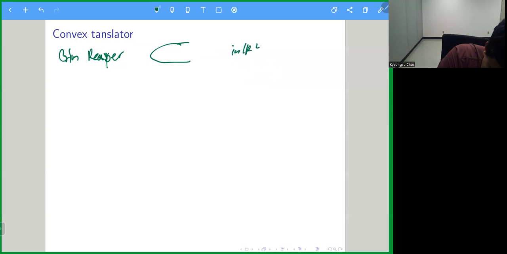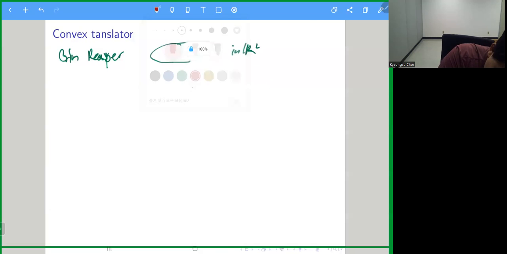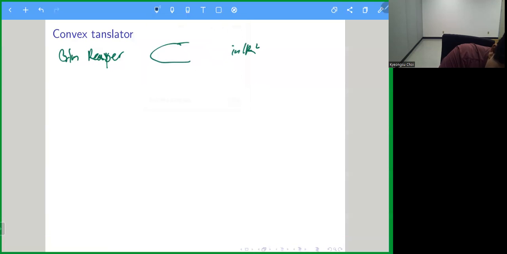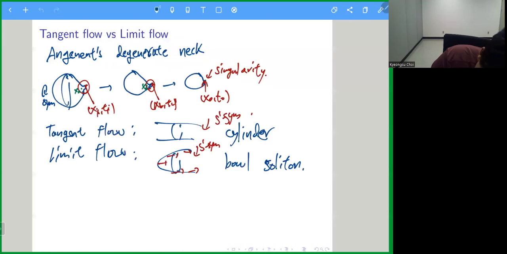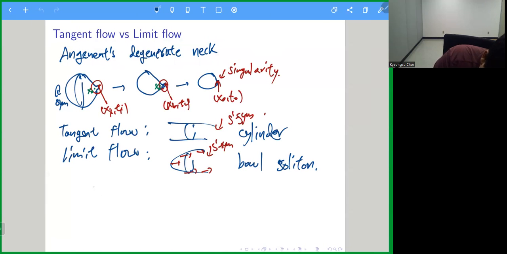These are also just translating, but something different is that this one is asymptotic to two parallel lines, while the bowl soliton actually looks like a paraboloid.